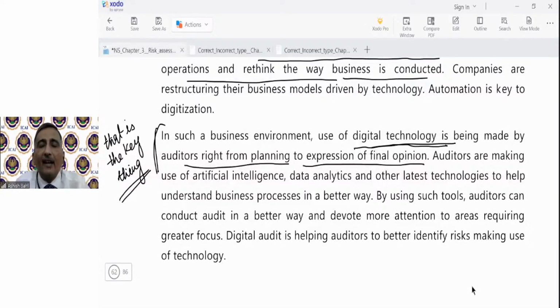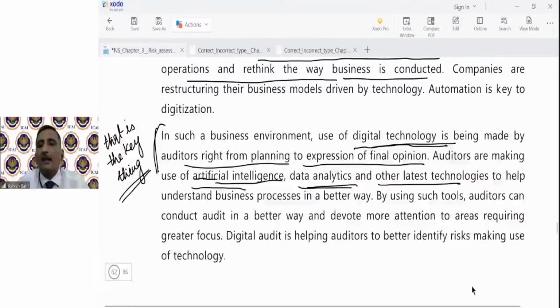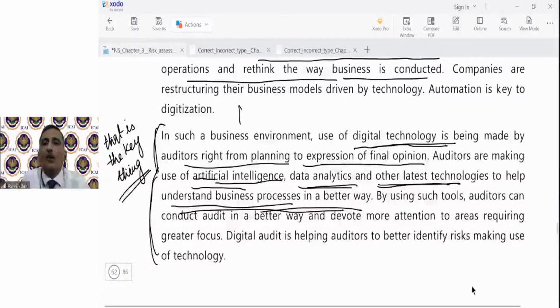So when the auditor uses digital technology right from planning till the expression of final opinion, by making use of, say, artificial intelligence, data analytics, and other latest technologies, which help him understand business processes in a better way, such an area, such a field is called digital audit.